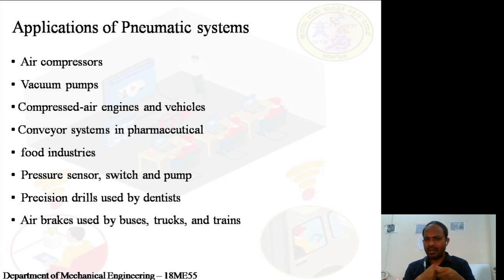This is common. Even if you see it in buses, especially in buses, an air brake system is placed in the vehicle. So these are all the introduction to pneumatic systems, advantages, disadvantages, and different applications of the pneumatic systems.